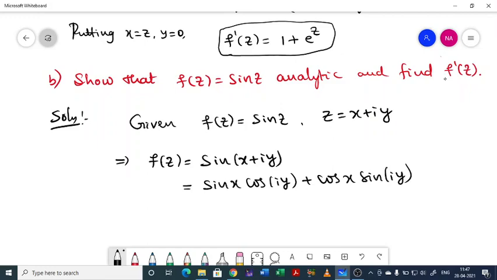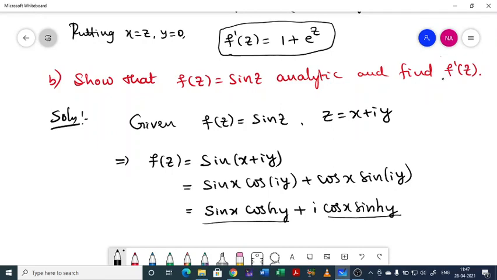We have already recalled the relation between trigonometric and hyperbolic functions in our previous class. That is useful here. Cos of iy is cosh y, and sin of iy equals i sinh y. So f of z equals sin x cosh y plus i cos x sinh y. This will be the real part and this will be the imaginary part.